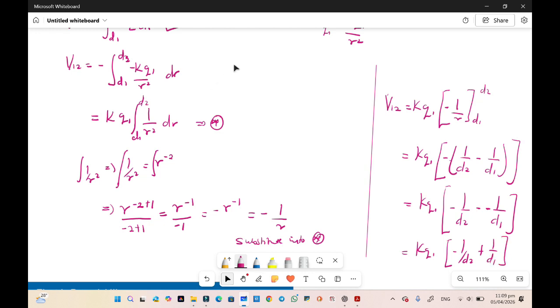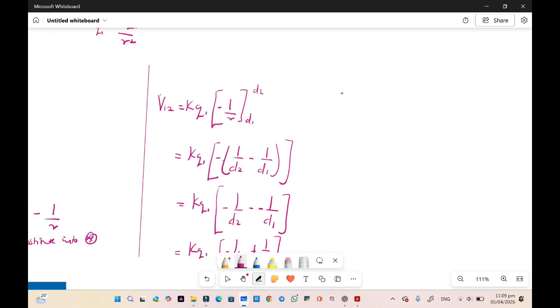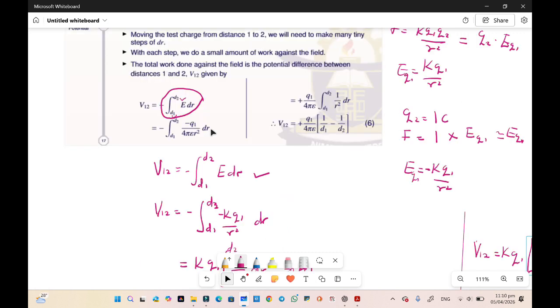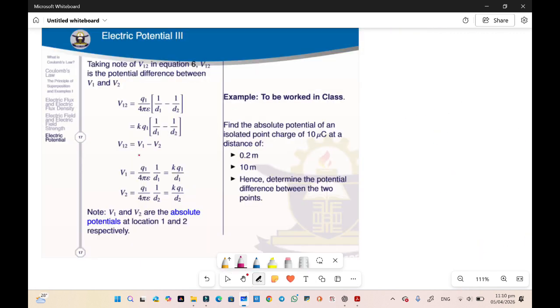So this implies that we can rewrite this as V12 is equal to KQ1 times 1 over D1 minus 1 over D2. And that is our potential energy. As we see here, we have KQ1 over D1 being equal to V1, then KQ1 over D2 being equal to V2.